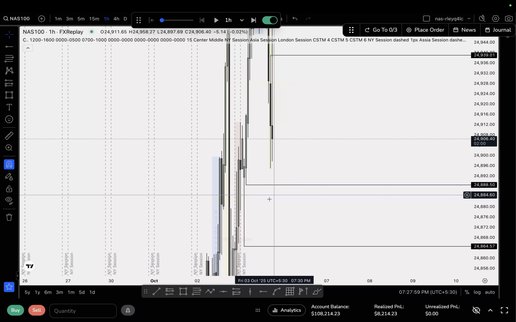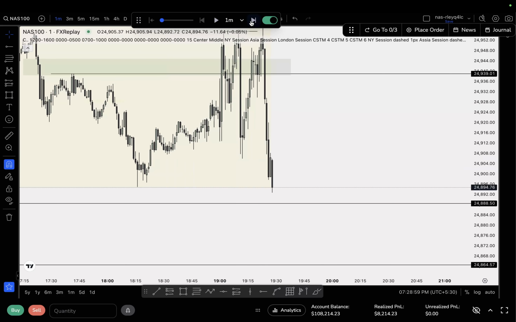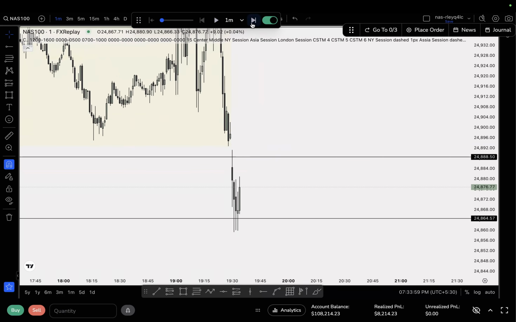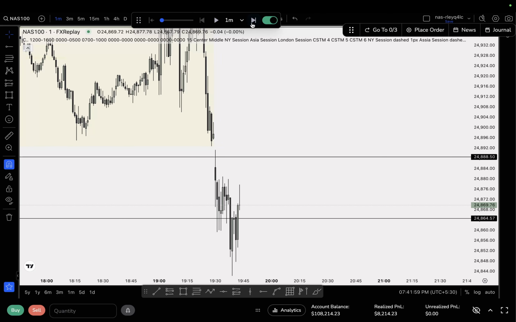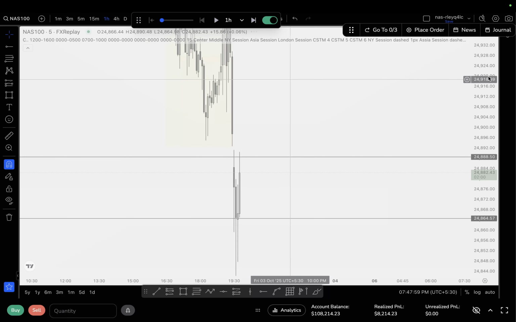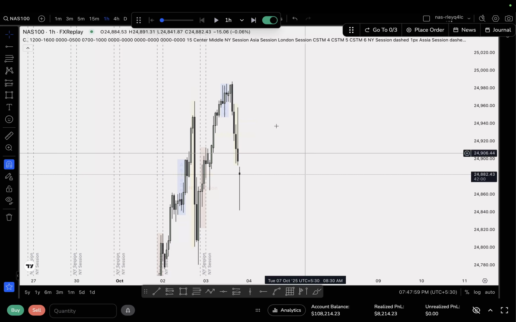This looks nice. Man, come on, no entry. We just skipped a few candles. I'm gonna go to next day.